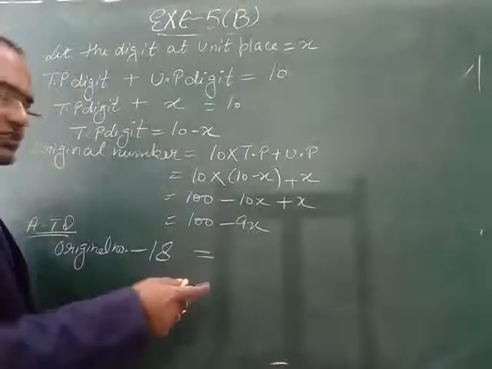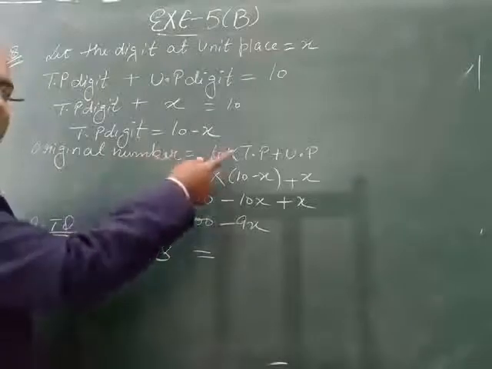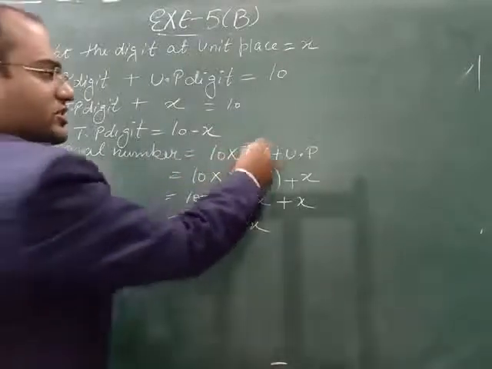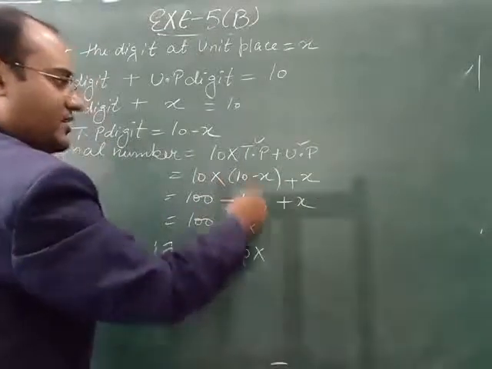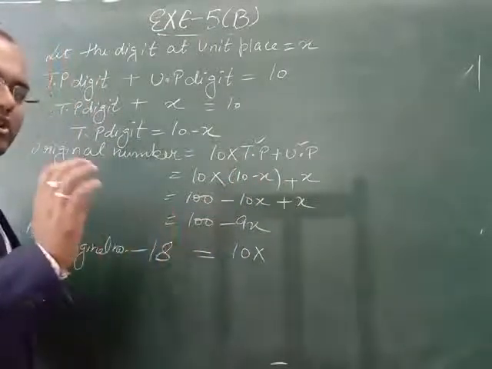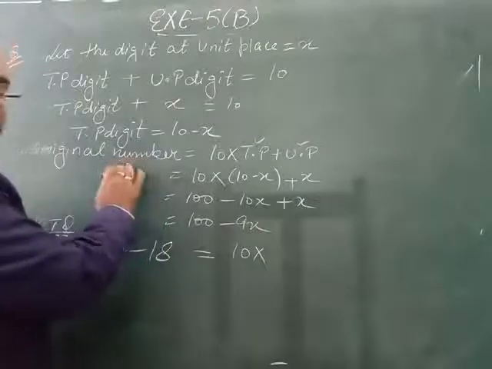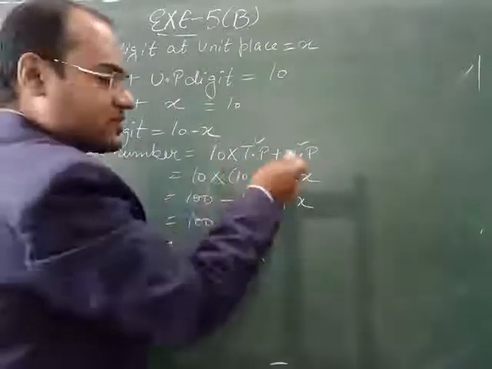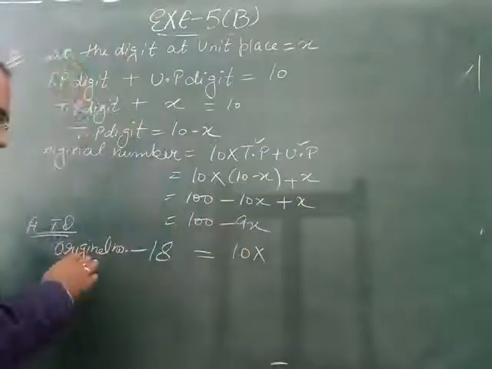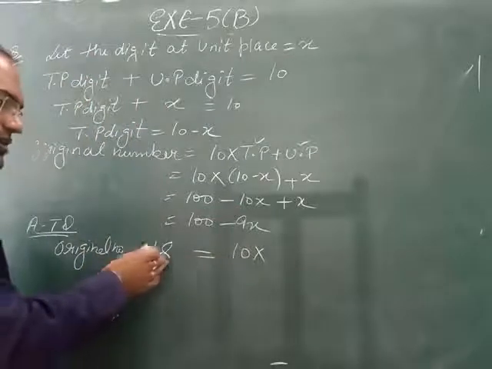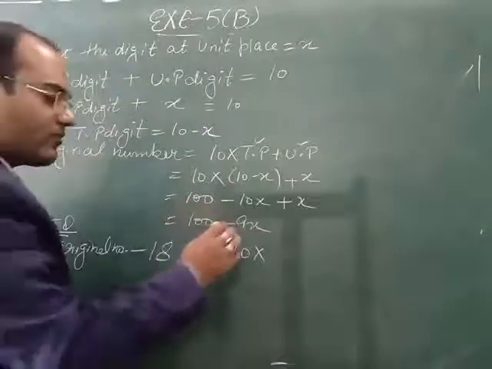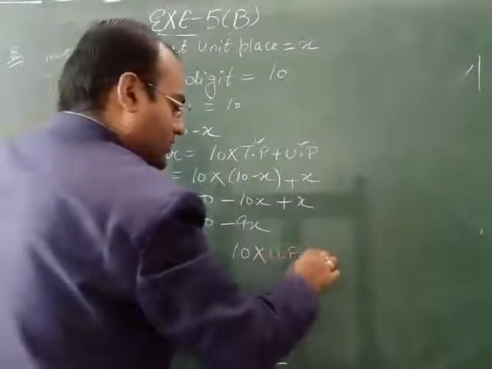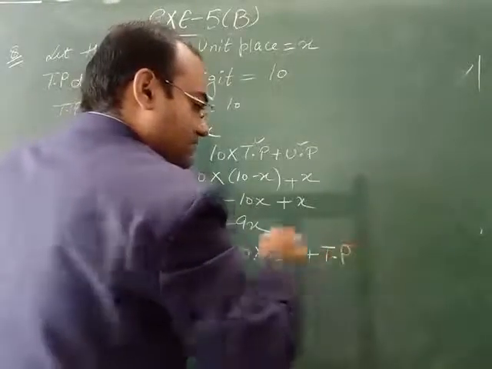digits will be interchanged. That means formula we will change now. These are the two digits. We will interchange them. 10 multiplied by ten's place plus unit place was the original formula for the original number. But now when we had subtracted 18, the formula is changed. 10 into ten's place we will not write. We will write 10 into unit place plus ten's place.